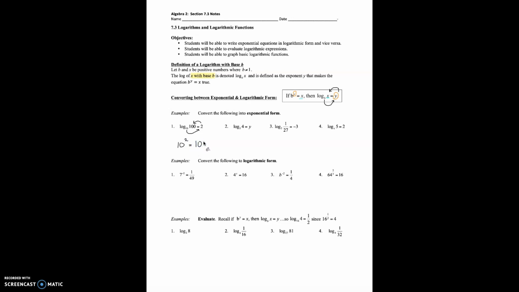Right now, we're just writing them from log form to exponential form. So what would 2 be? 2 is going to be 3 to the y power equals 4.